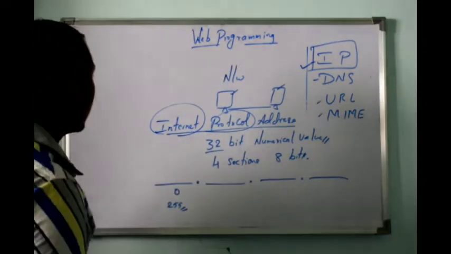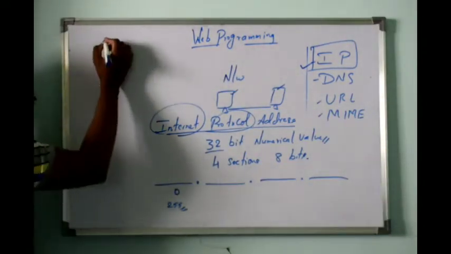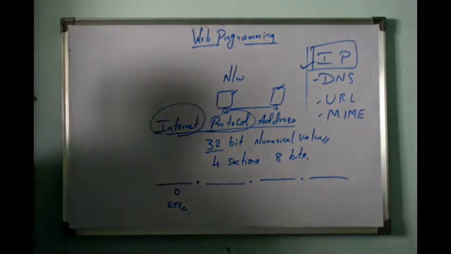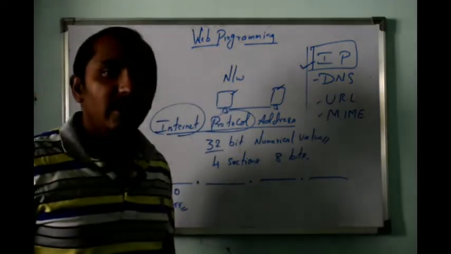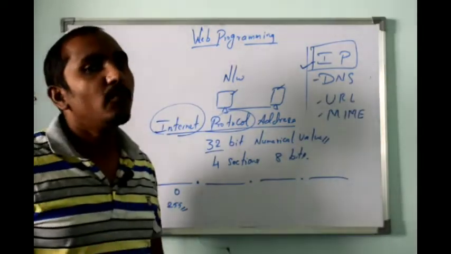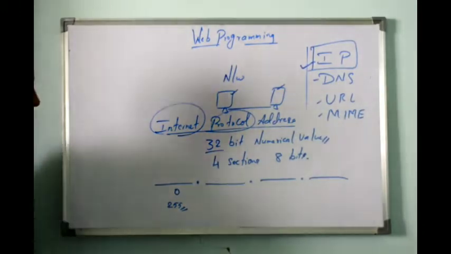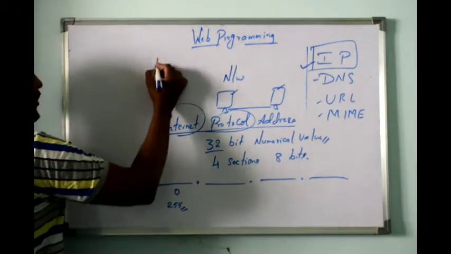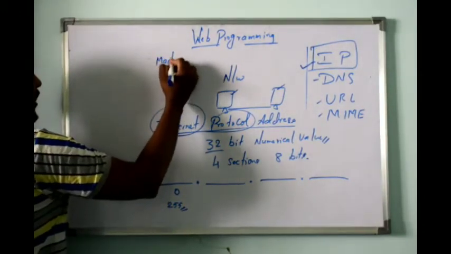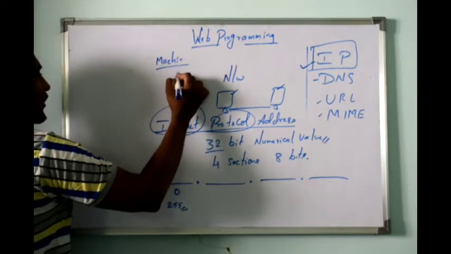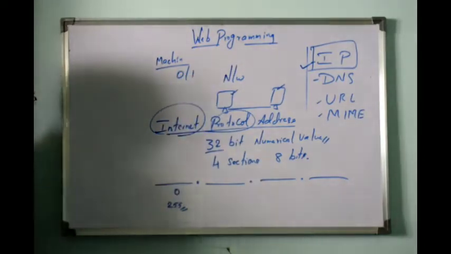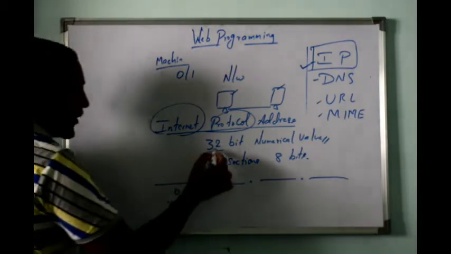We just discussed how to represent a numerical value, that is a number, in the form of ones and zeros, that is bits. As you know, bits are the machine level language, which has only either 1 or 0. Now we have these 32 bits.